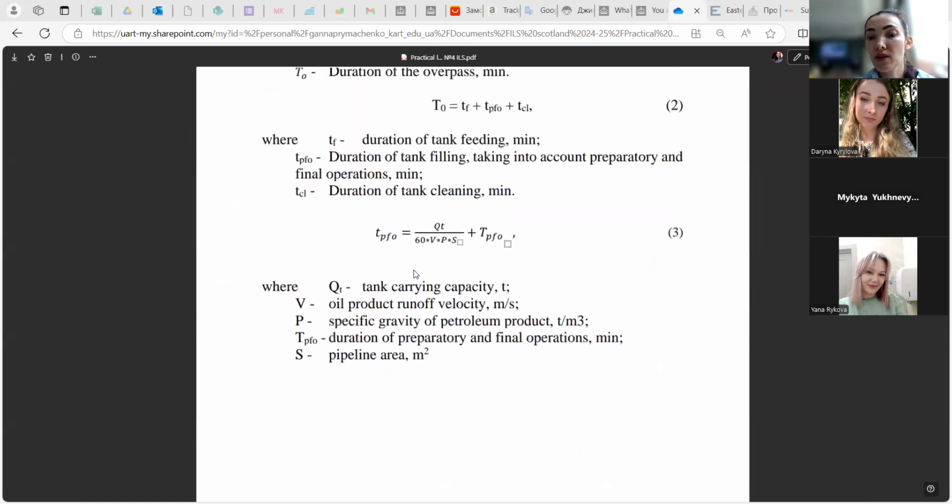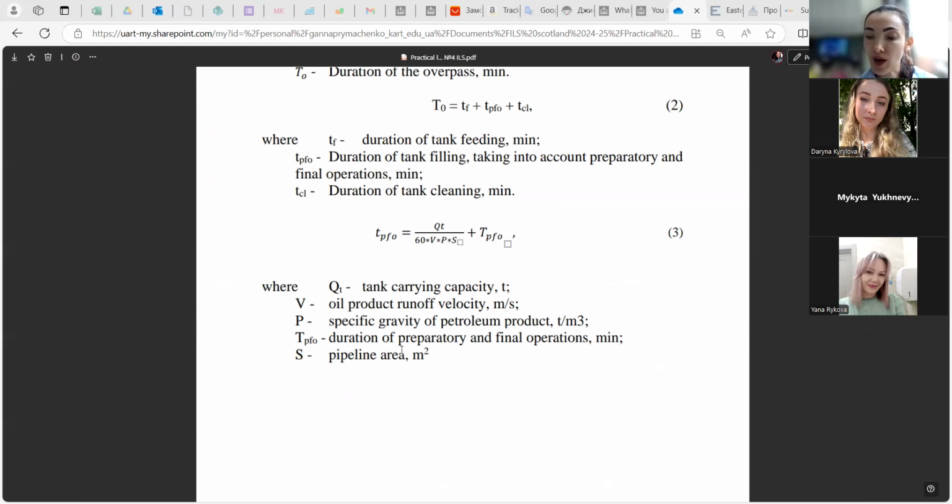And to all of it, add such parameter of time as big T, which is already big T with index PFO. What does it mean? We can find it under our formula 3. It is the duration of preparatory and final operations in minutes.